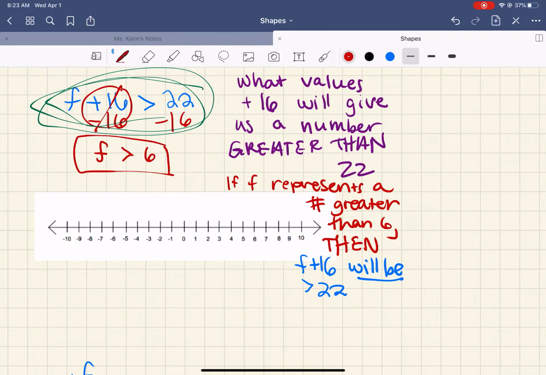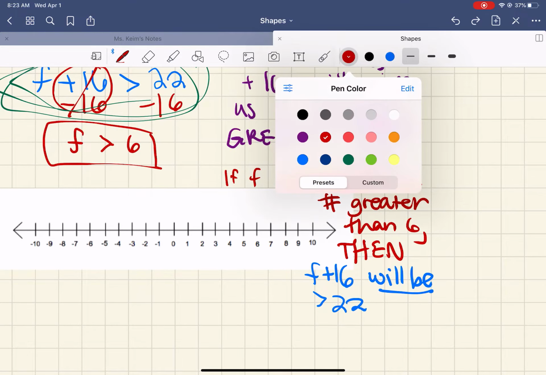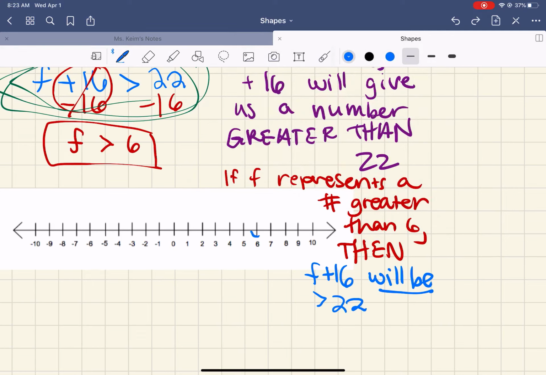So we want to represent all of the numbers that are greater than 6. Okay, so we are comparing our variable to 6. So that's our boundary point. That's where we're going to start. Put a nice dot here at 6. Now, I am not going to color in this dot because 6 is not one of our solutions.